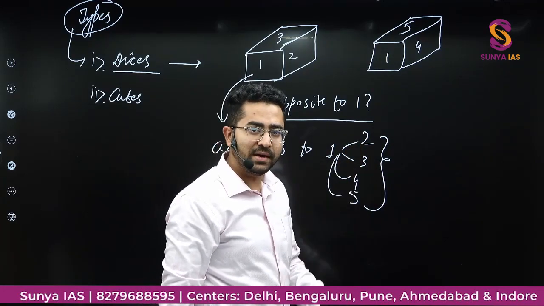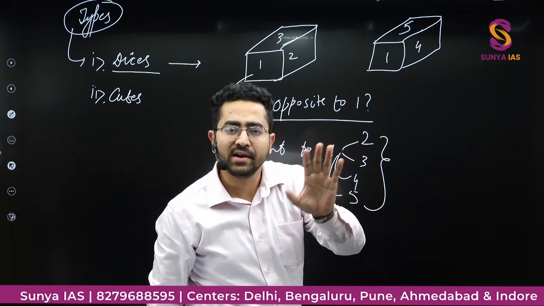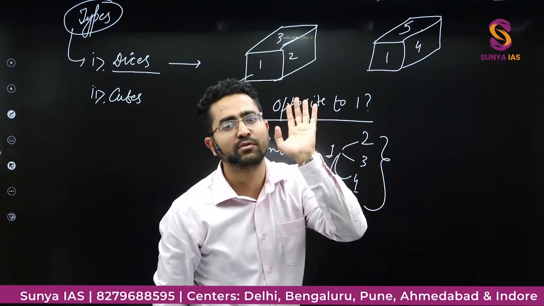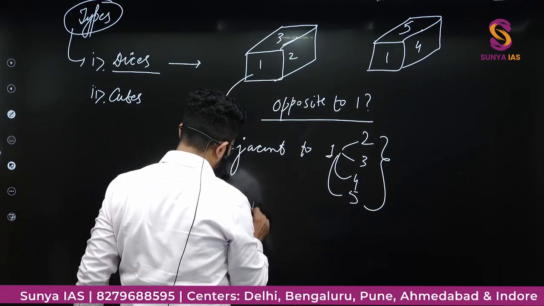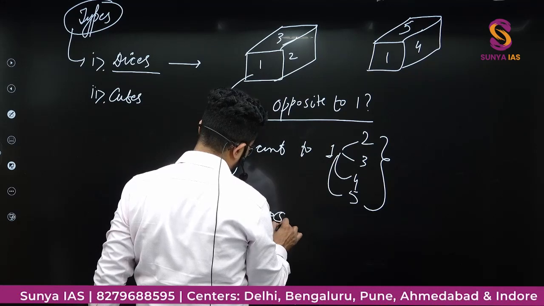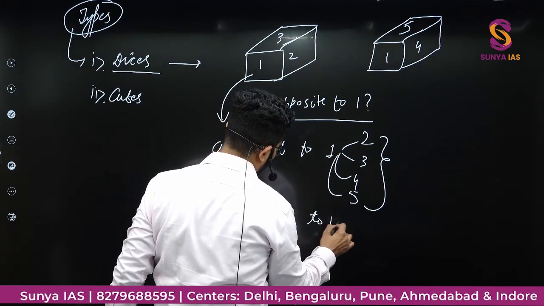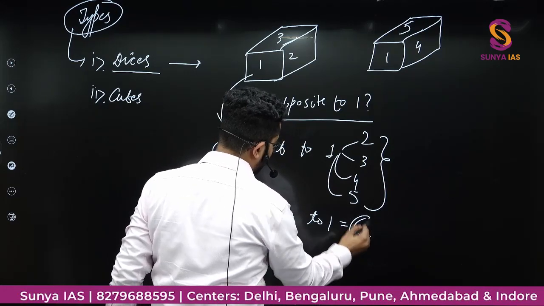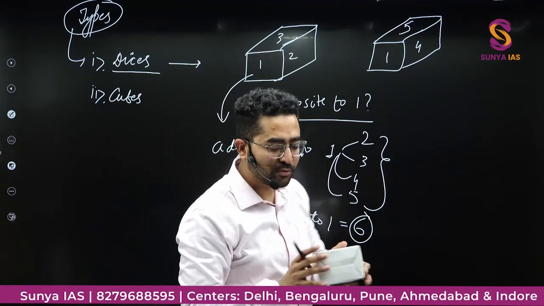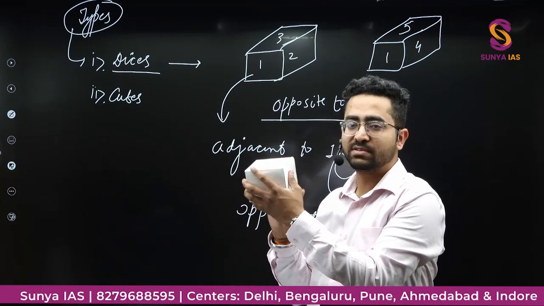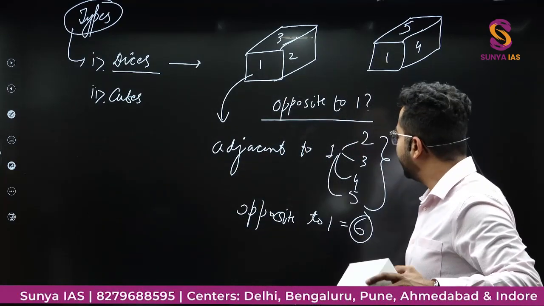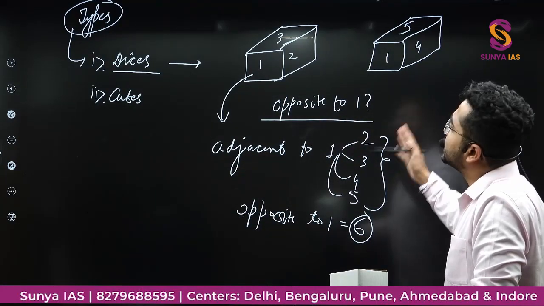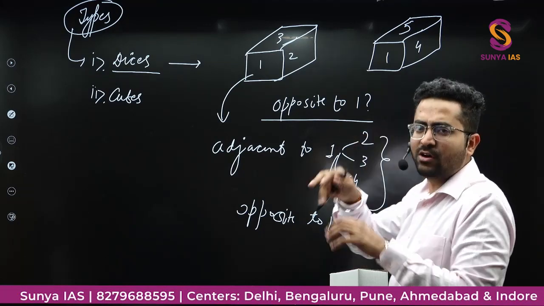Then the only face left will obviously be the opposite. So opposite to 1, since 1 2 3 4 5 are already gone, would be 6. Then definitely 6 is the number which is opposite to 1. If this is 1, then this must be 6. ठीक है? These kind of questions they might ask. They can give you different situations.